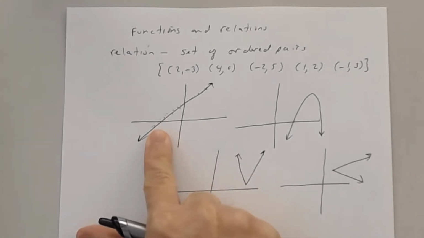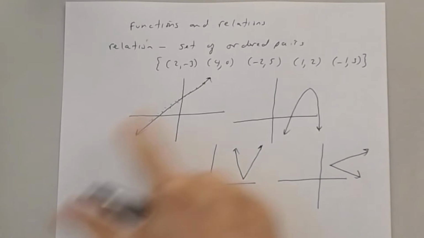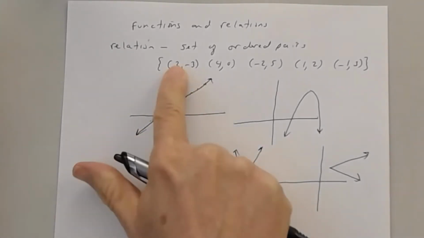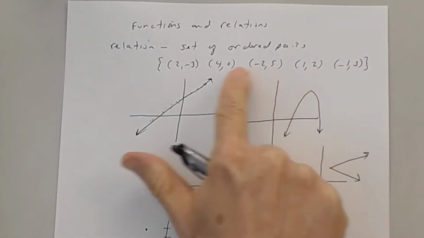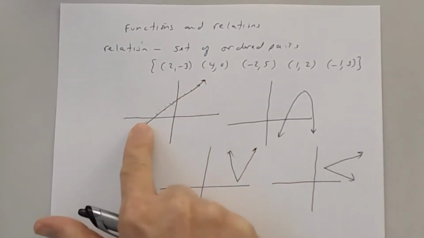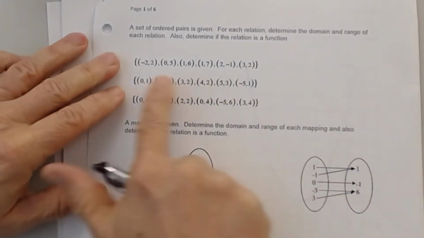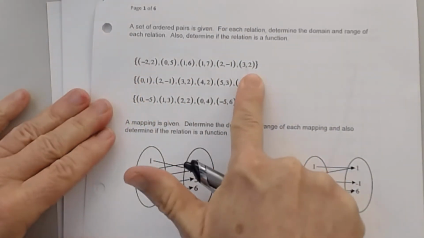Infinite set of ordered pairs. I can't count how many there are. It's an infinite number. Finite, because how many are there? How many points? 5. How many are there? Infinite. Okay. So, first of all, do y'all agree that this is a finite set?